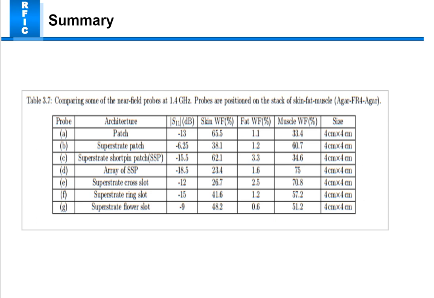Several slot architectures were also examined on the same tissue stack, and superstrate slot architectures have higher bandwidth and receive a high amount of thermal noise from the muscle layer, making them more susceptible to RFI, while patch structures have the advantage that the ground plane allows for easy integration with the radiometer circuitry, also minimizing the amount of RFI.